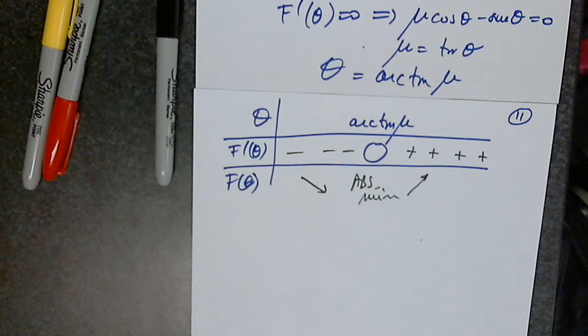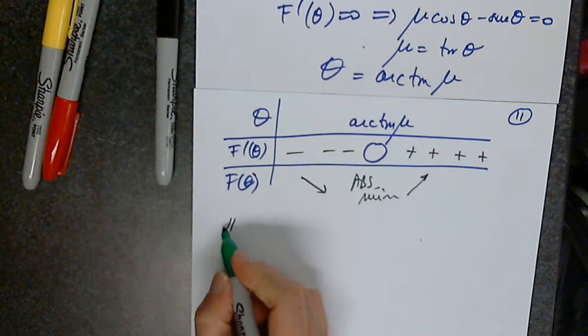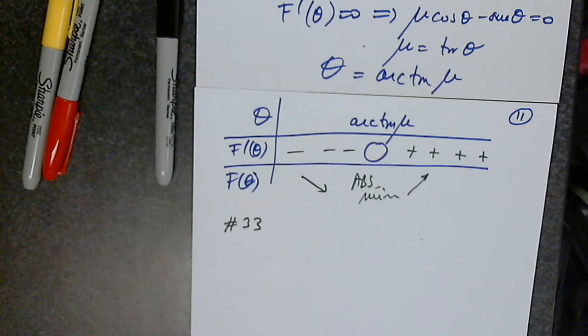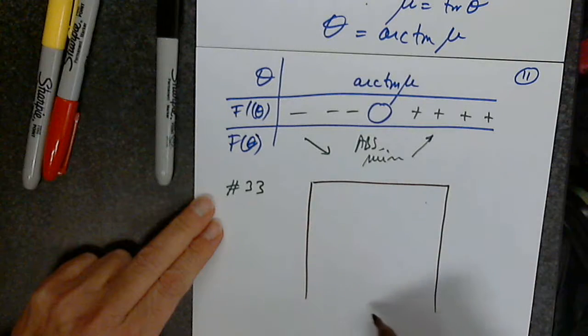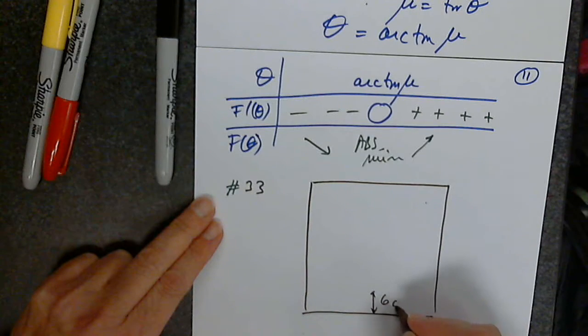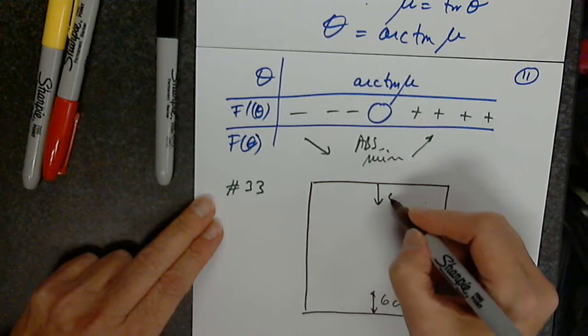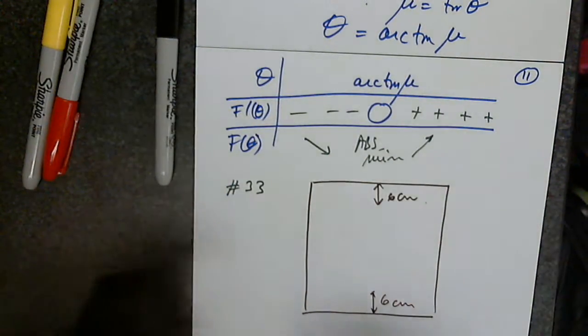Okay, let's work on the last one, 33. The top and bottom margins of a poster are each 6 centimeters. So this is a poster. This is 6 centimeters. This is 6 centimeters.